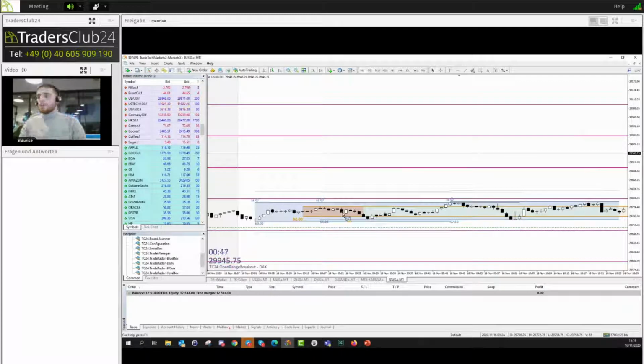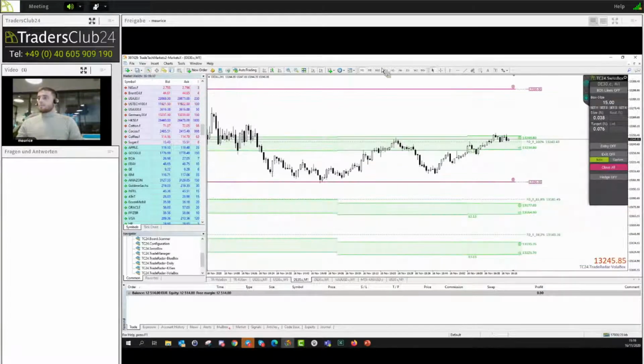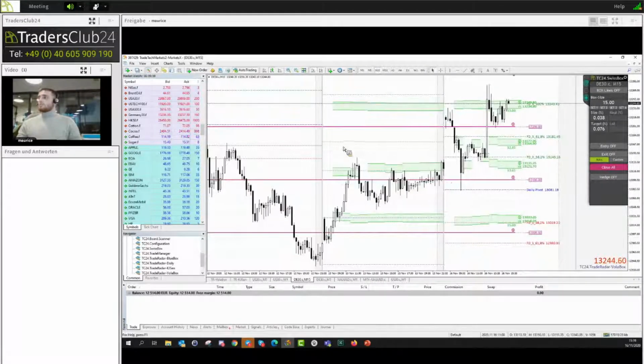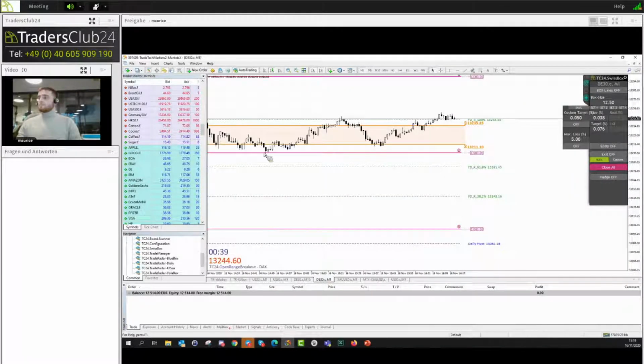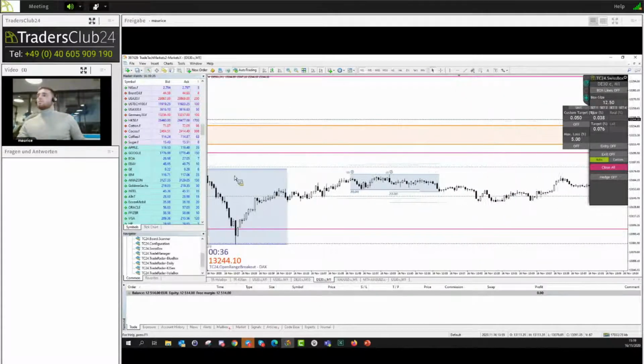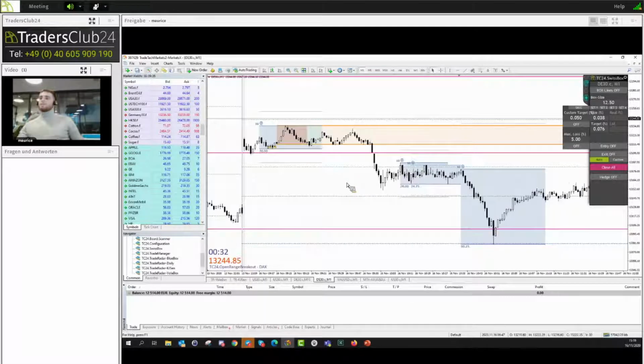So this is the 15-minute opening from the DAX. So this is our 15-minute opening from 8:15 until 8:30 on the darker shade of orange over here.